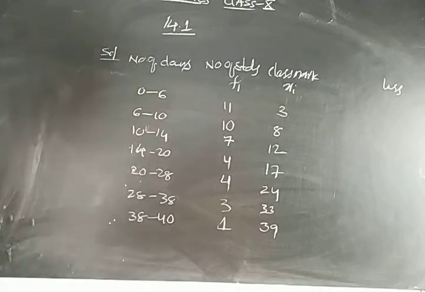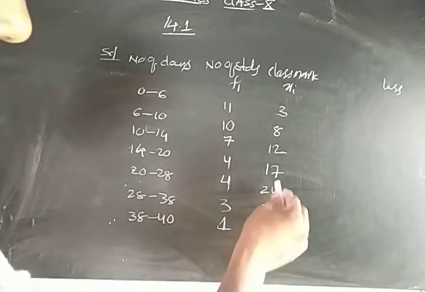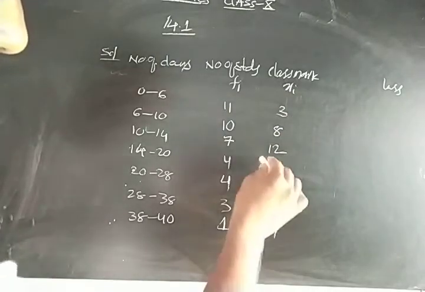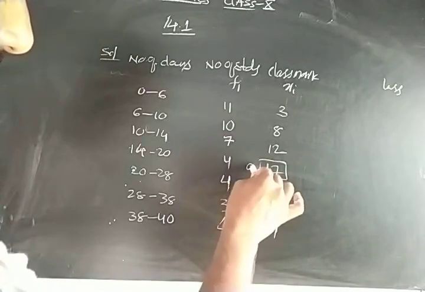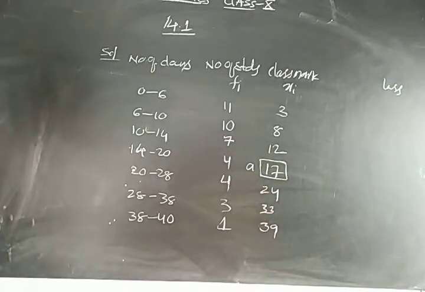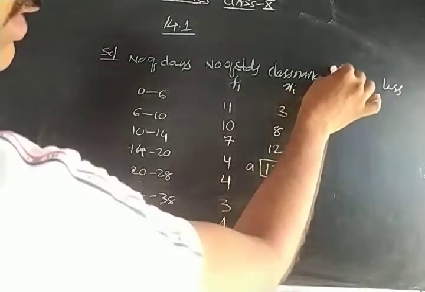Now I am choosing A as the assumed mean, 17 as the assumed mean. Now I am finding deviations.